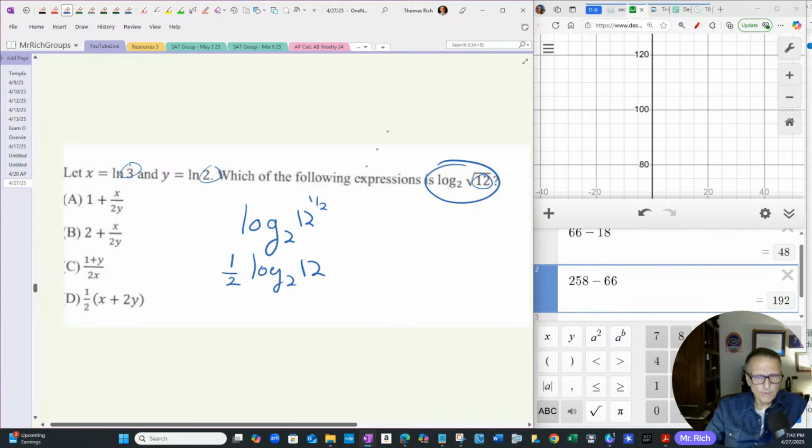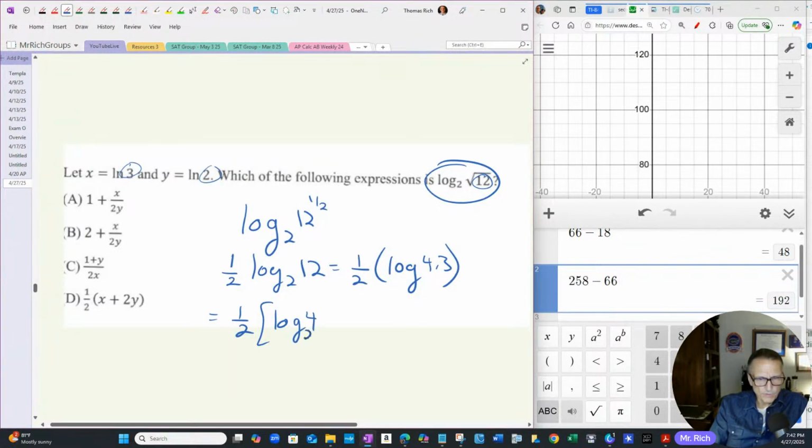And then I will break that up into, what should we do? Let's do log of 4 times 3 is 12. That allows me then to break this apart into 1/2 times log base 2 of 4 plus log base 2 of 3.